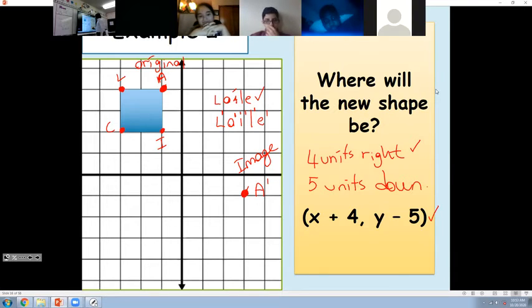Okay, everything will be moved 4 units right. Let's do it. This is 0. 1, 2, 3, 4. Then 5 down. 1. This is where I am now. 1, 2, 3, 4, 5. Okay. This is L prime. This is not L anymore. It is L prime. I will count now I. 4 units right. 1, 2, 3, 4.